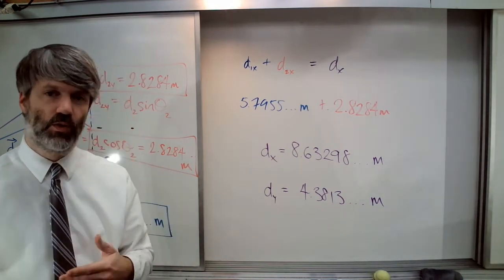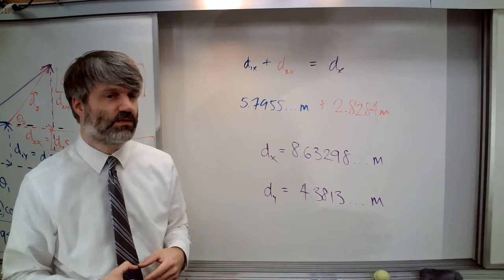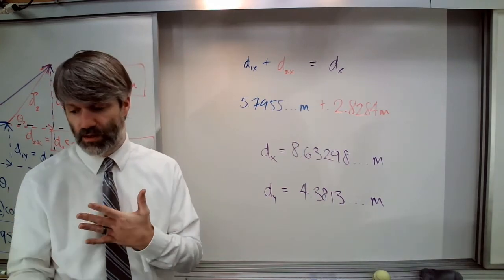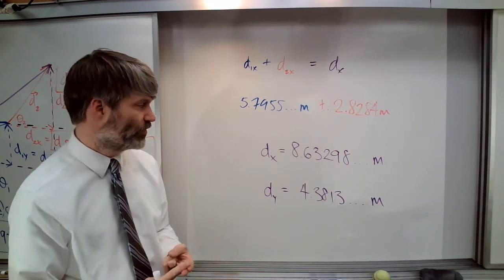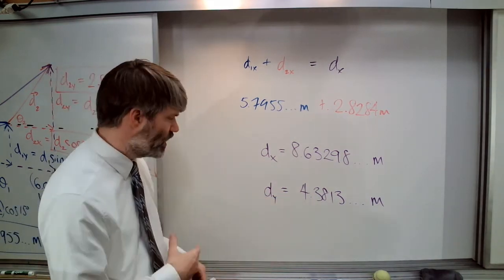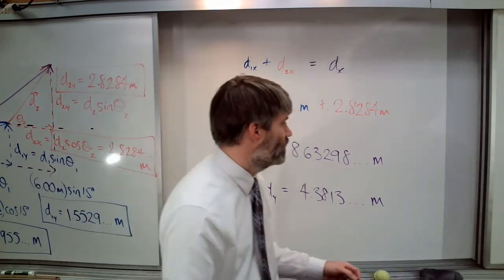So hopefully you've stored both of these numbers because we're going to use them again, because the question asks us for the resulting vector, which is both its magnitude and direction, not its components. So we have to take these components and use Pythagoras on them.